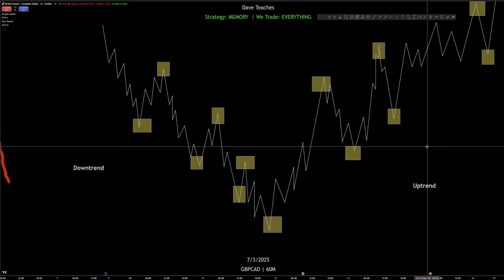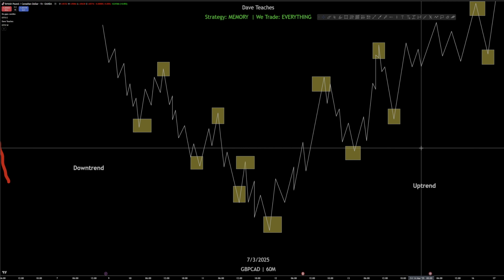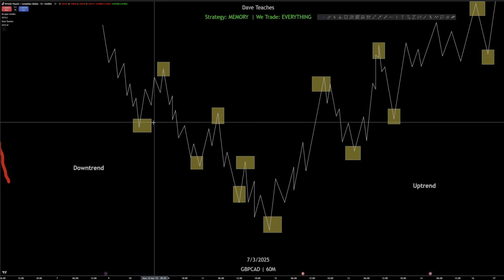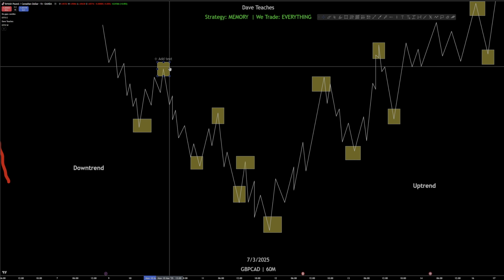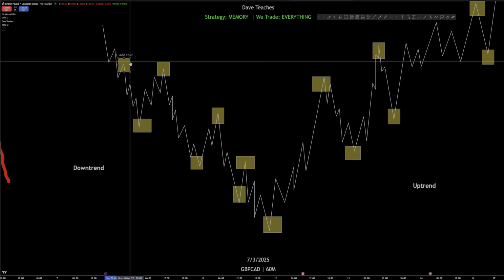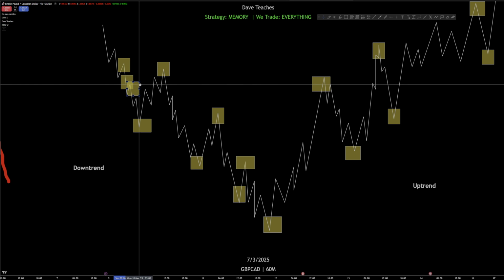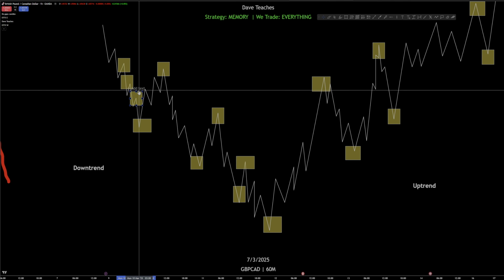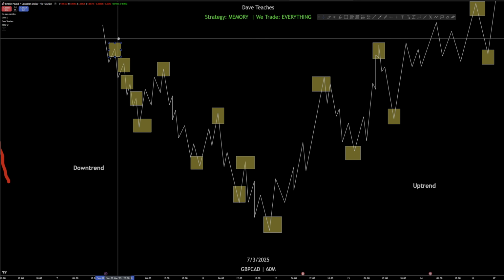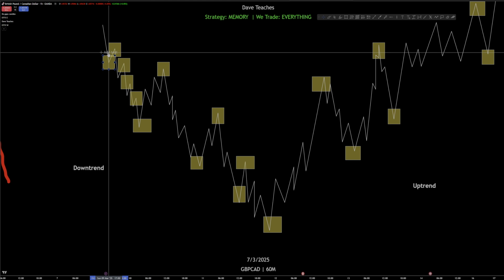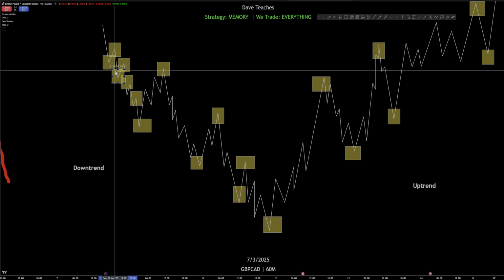Remember what I said, it matters about where this is happening, right? So if I can take this yellow box here, I could show you guys that this happens everywhere, right? Almost every high and low, we're going to see this same thing occurring. Every single high and low that's present here.